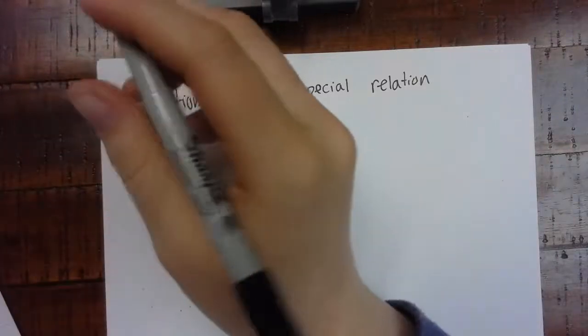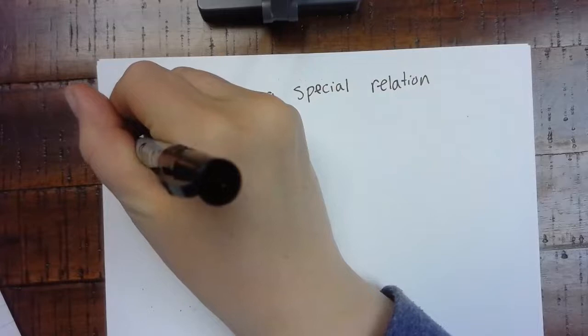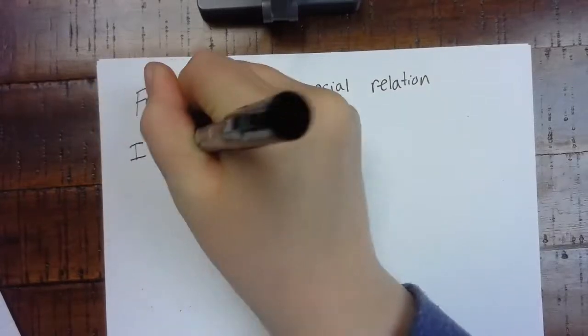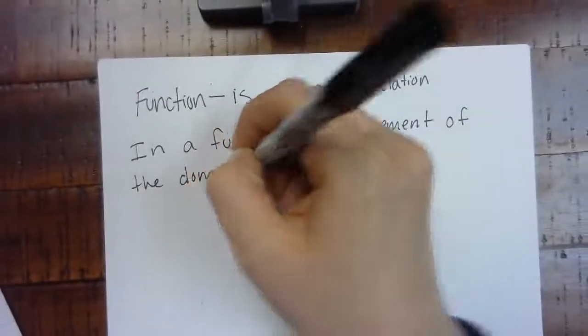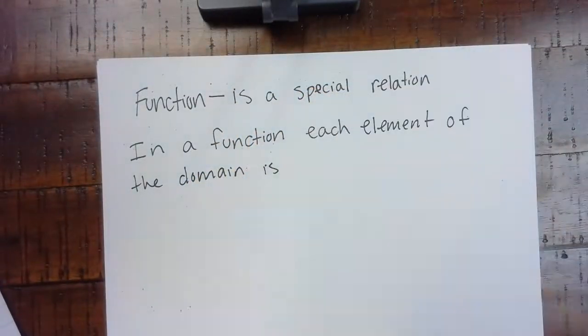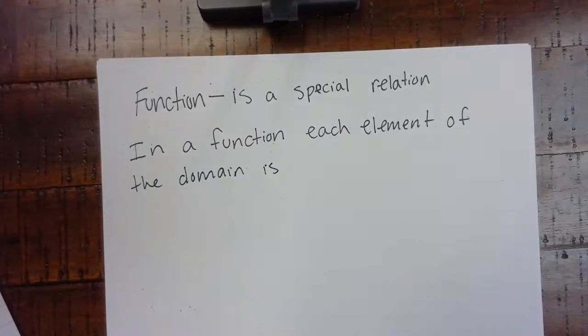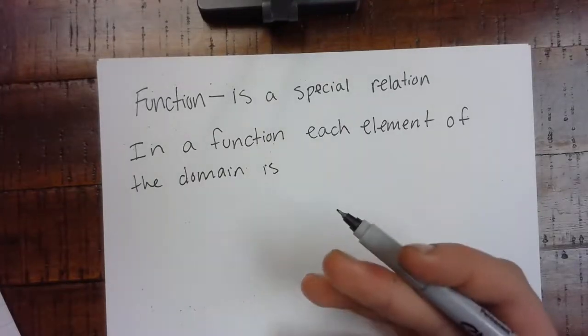So let's write that. In a function, each element of the domain. So what they mean by each element of the domain, they just mean the number that's in the x value spot.